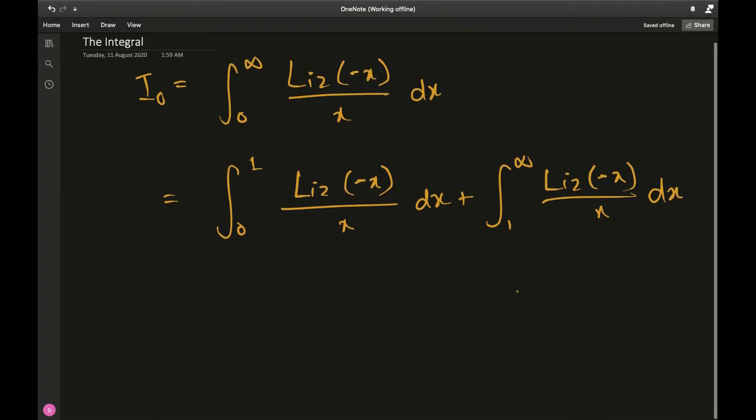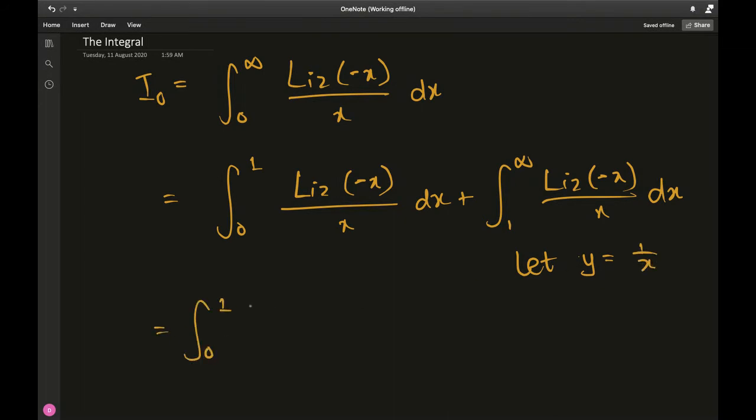And now for the next trick, I'm going to try to flip these upper and lower bounds. So I'm going to let y equal 1 over x.